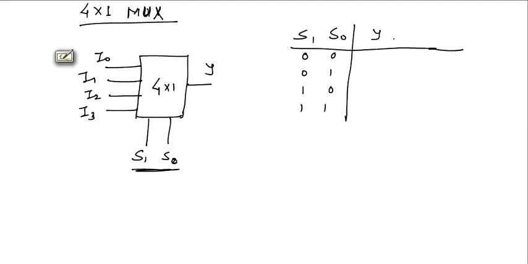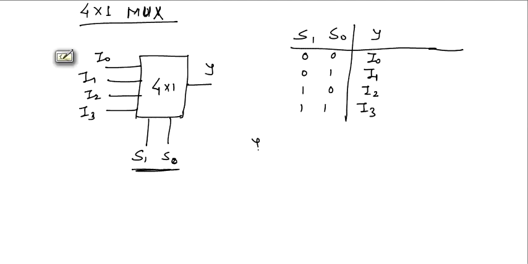The output Y will be dependent on the inputs given to S1, S0. If S1, S0 is 0 0, then Y will be I0. 0 1, Y will be I1. 1 0, Y will be I2, and for 1 1, Y will be I3.